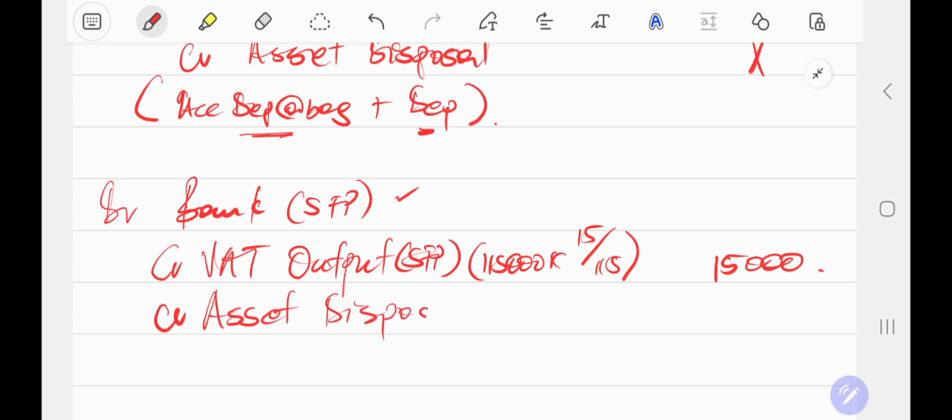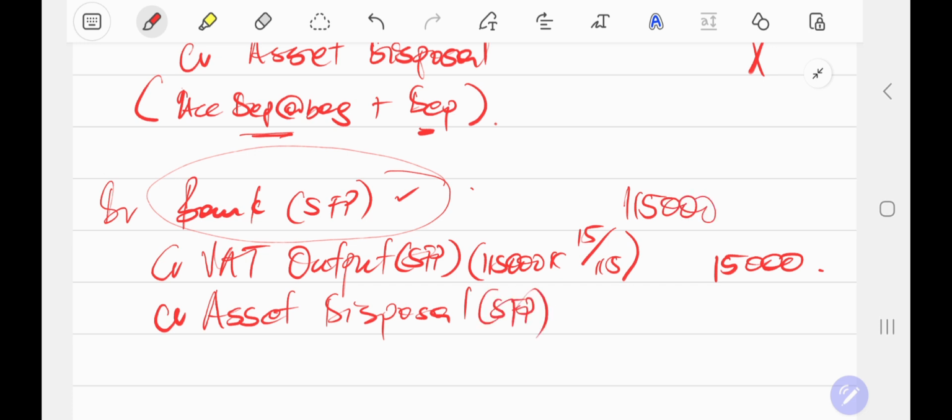So you are simply saying here, I am debiting bank, I am increasing my bank by 115,000 because I have sold an asset, right? SFP. So you'll say asset disposal, the amount excluding VAT here is 100,000. So 100 plus 15 is going to give us 115.